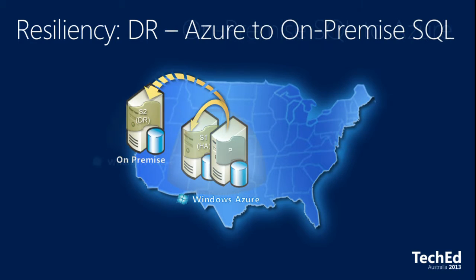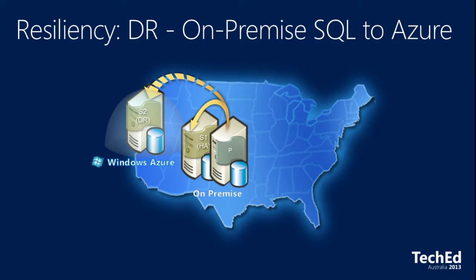The reverse of that's also true. So you can actually use Windows Azure as your primary and then use on-premise as your disaster recovery. Yeah? With this one as well, this provides an interesting benefit. Depending on which technology you use, and we'll talk about that in a sec, what you want to do here is offload your backups to the secondary that's running in Azure.